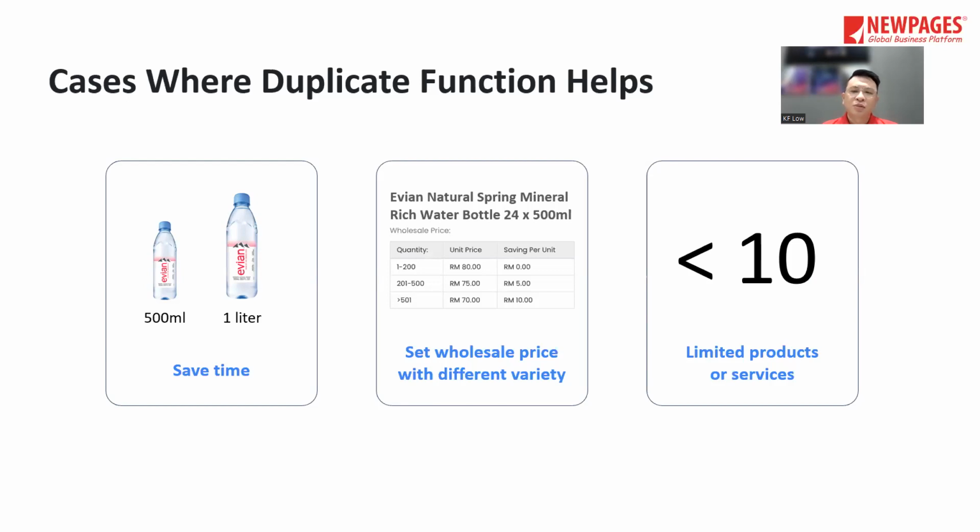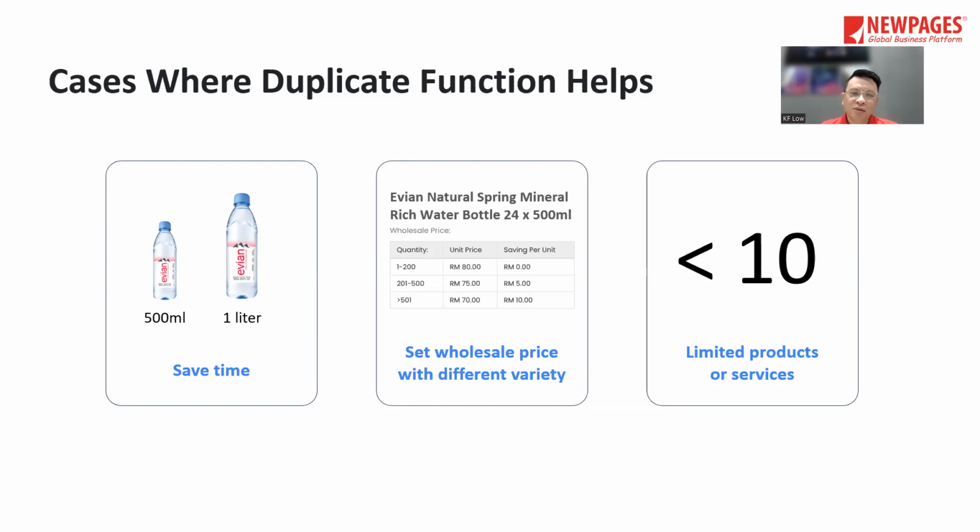There are also cases where we use the product duplicate feature because we want to set wholesale prices for different varieties. Let's say, for example, in this case, you will see mineral water that's 500 ml and 1 liter water bottles. Of course, the price is different. You can't put everything under the same price, with the 500 ml and 1 liter at the same price.